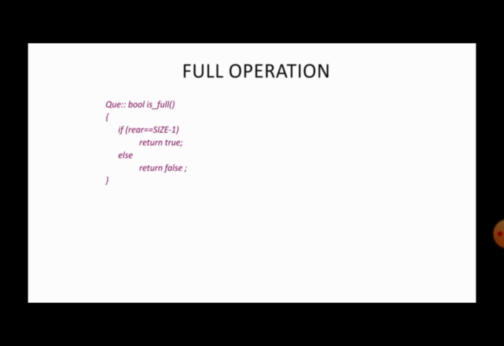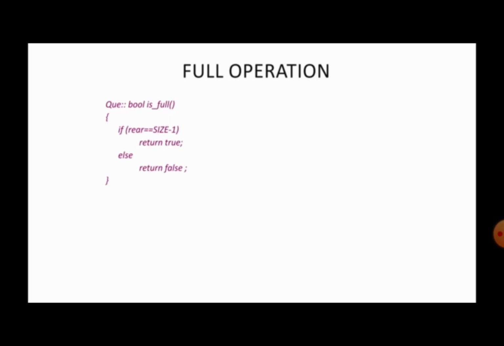To check whether the queue is full, we apply the same procedure as in the empty case, where we checked whether front or rear has -1 value. So here we are checking if rear is equal to size -1.